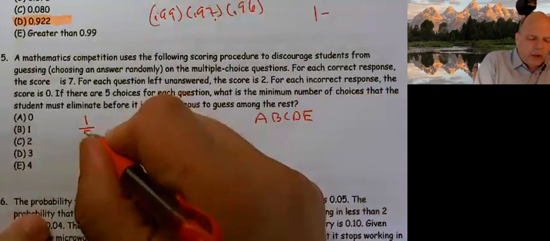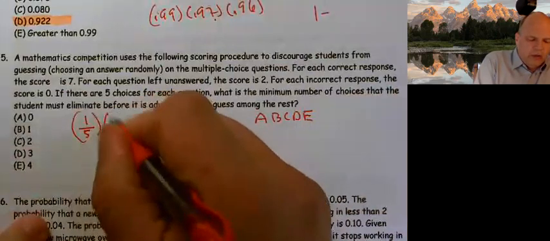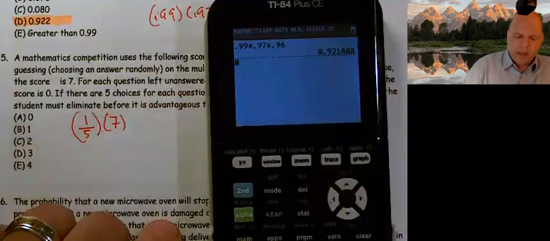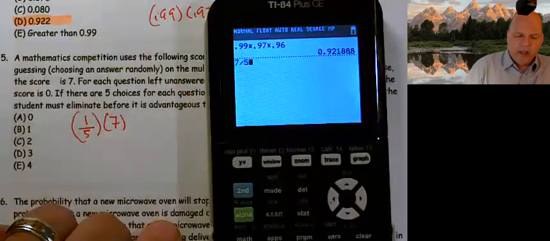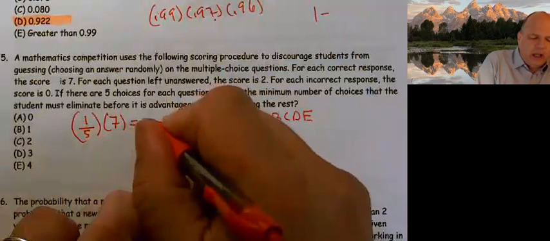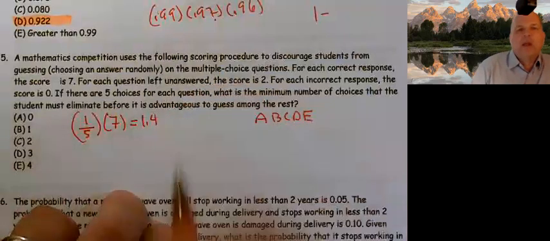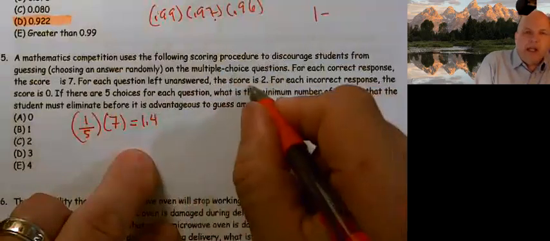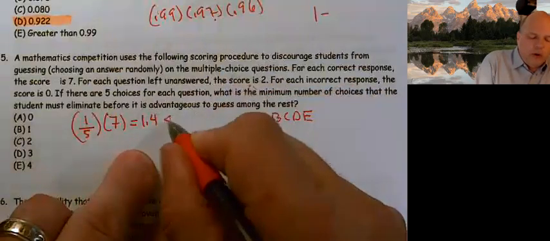If I do guess it correctly, I get 7 points. 1/5 times 7, so basically 7 divided by 5, would tell me that I expect to guess and get 1.4 points. But if I just left it blank, I would have been given 2.